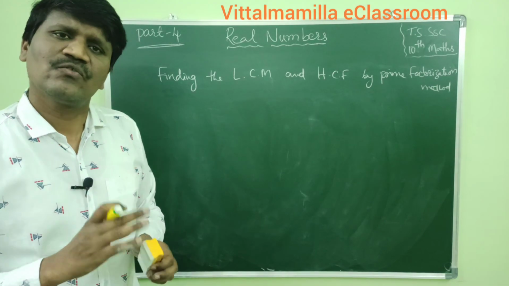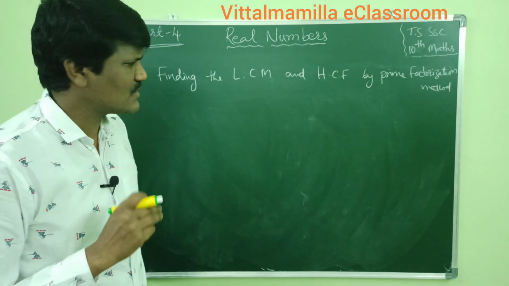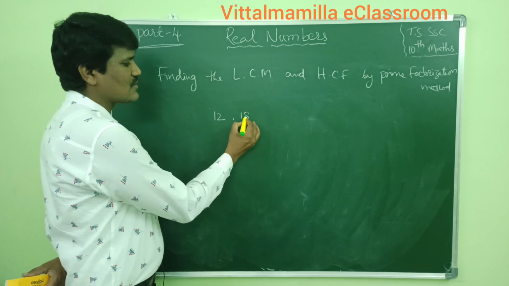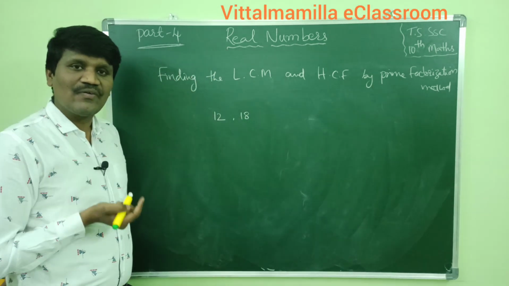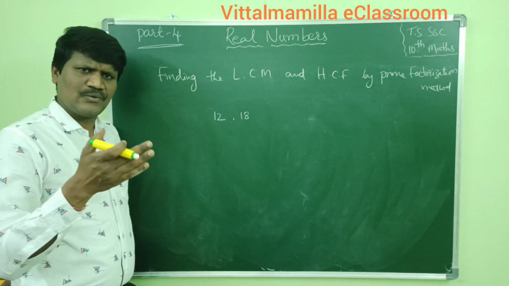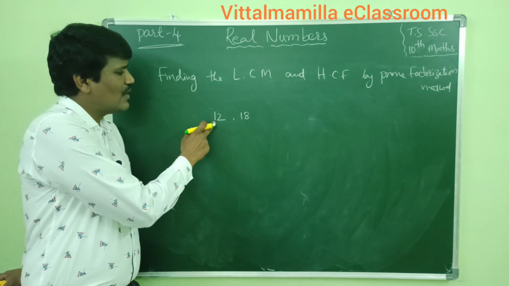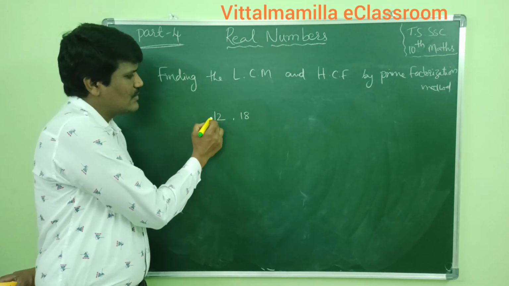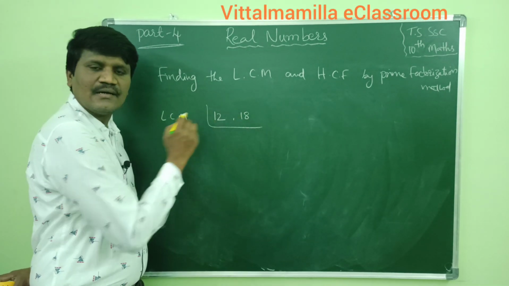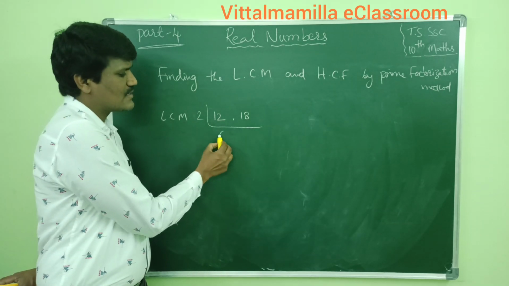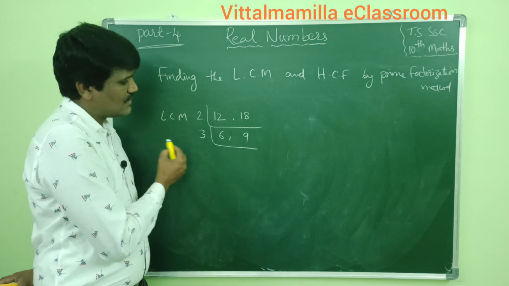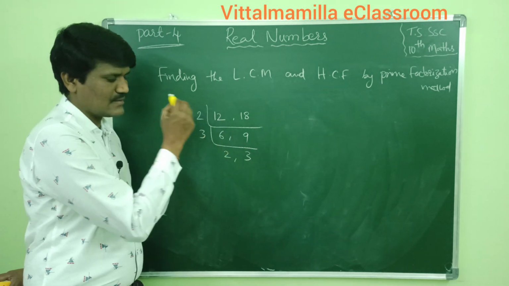In the general way, you know how to find the LCM and HCF of two given numbers. Let us see, 12 and 18 are two numbers. How will you find the LCM and HCF of 12 and 18? Already you know in the lower classes. For LCM, you will take 12 and 18 like this: 2 6 9, 3 2 3 3.